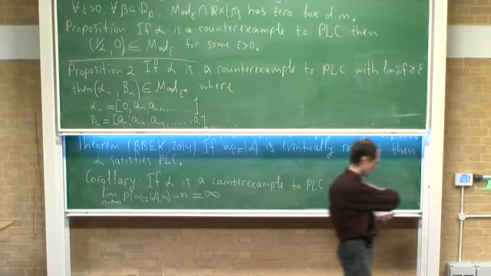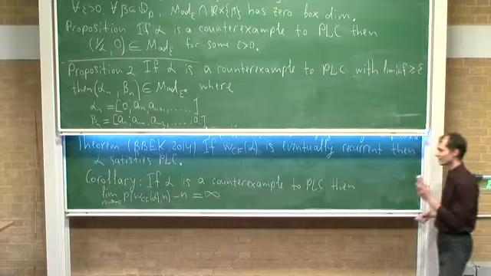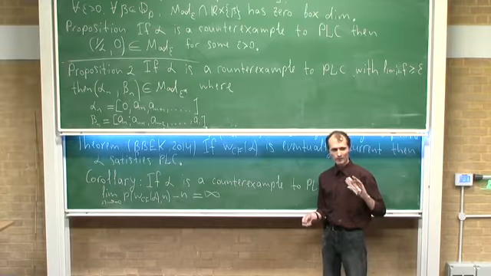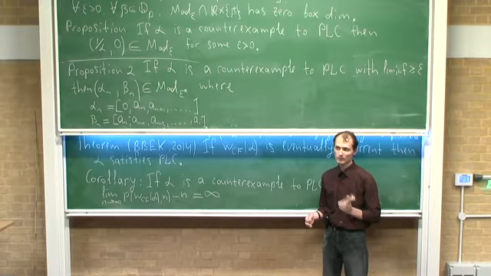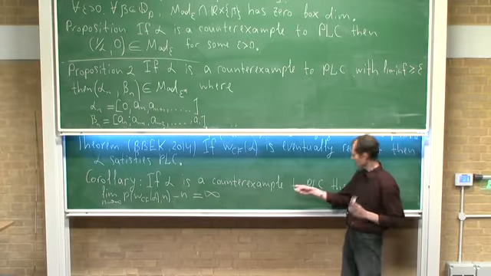Right. Do you believe that there are counterexamples? You believe in the conjecture? There was some period of time when I was in doubt. But now I think it's false. Sorry, it's true.